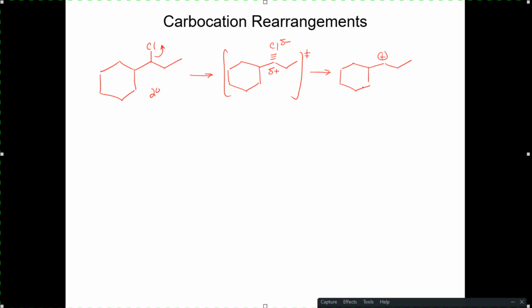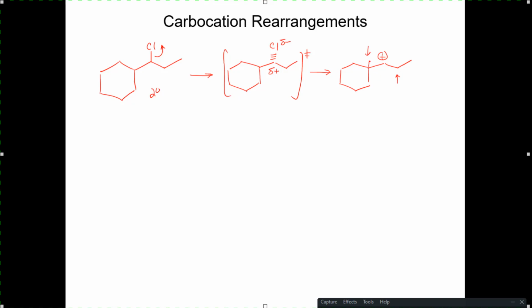And a carbocation rearrangement is exactly what it says. The carbocation is going to move. Now, the rules are that the carbocation can only move one position. So the carbocation could either move here or it could move here. And you might say, well, how does that happen? Here's how that happens.